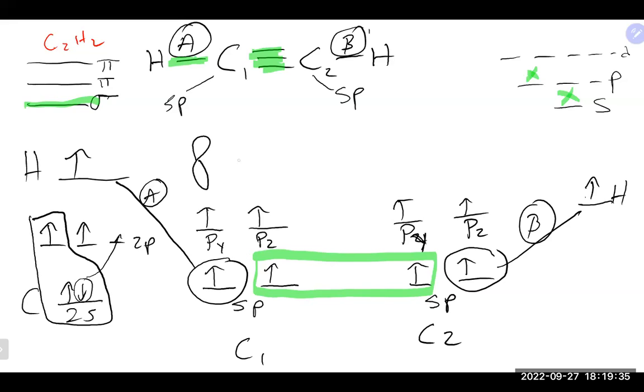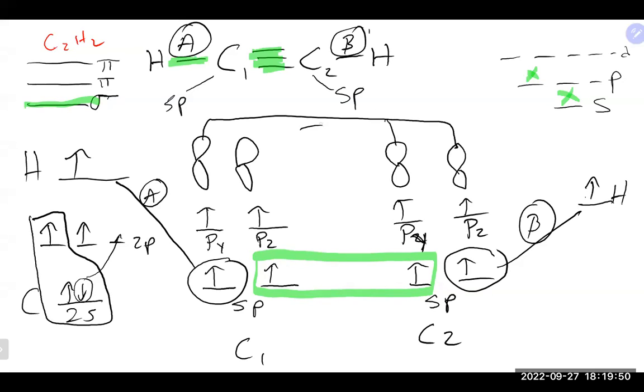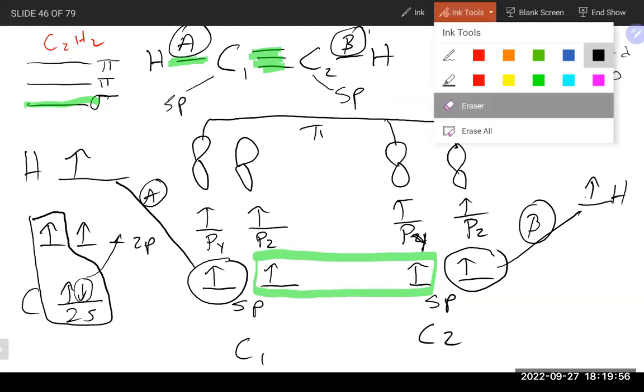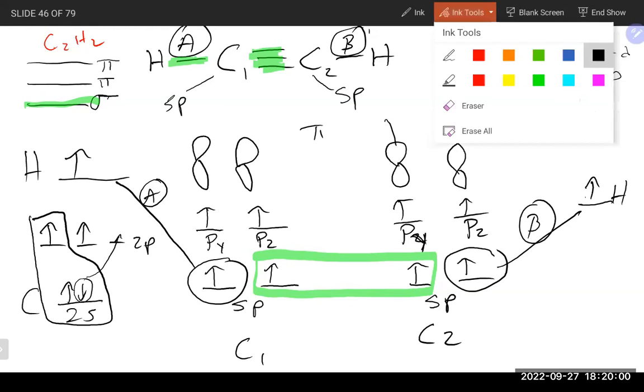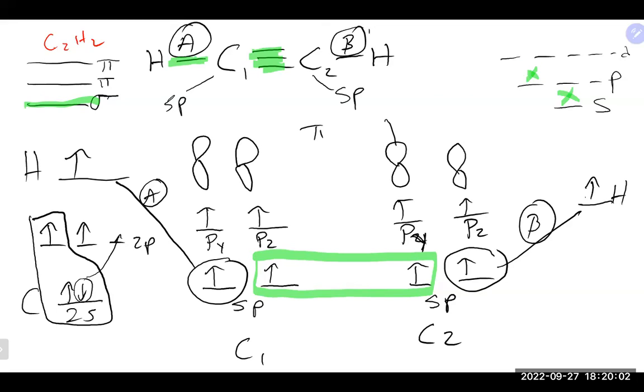result of these unhybridized, very badly drawn. There you go, that's a little bit better. P orbitals here, and they're both going to basically make some pi bonds. So we will have a pi bond that will happen between these two guys here. All right, so we'll have a pi bond between those two there.